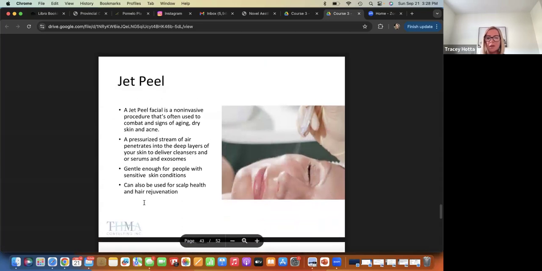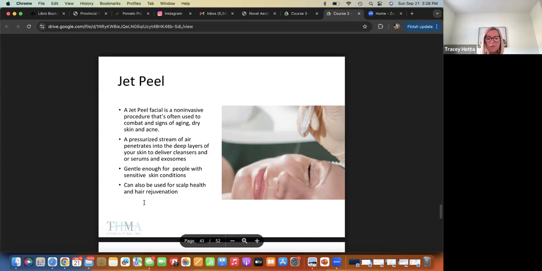And then a jet peel. So this is something that we recently brought into our practice last year. This is a wonderful little device. It's a non-invasive procedure that's often used to combat signs of aging, dry skin, and acne. So there's different ingredients that you can add to your jet peel, and you can really customize this based on your patient's skin.